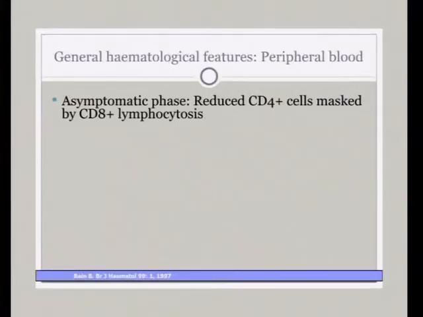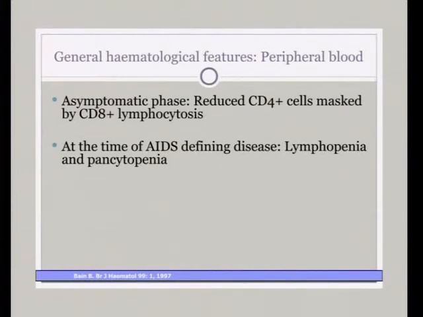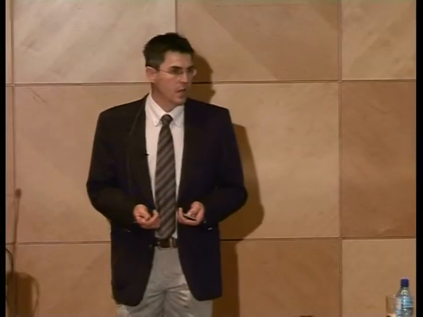Following this, in the asymptomatic phase, we get the reduced CD4 cell count, as we all know, which is often masked by a lymphocytosis, increased numbers of CD8 cytotoxic cells. And at the time of AIDS-defining disease, these patients almost invariably, in the natural course of the disease, have lymphopenia, with or without pancytopenia, and various cytopenias in terms of different myeloid lineages.